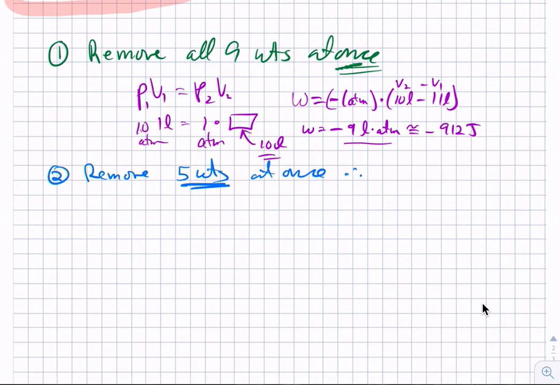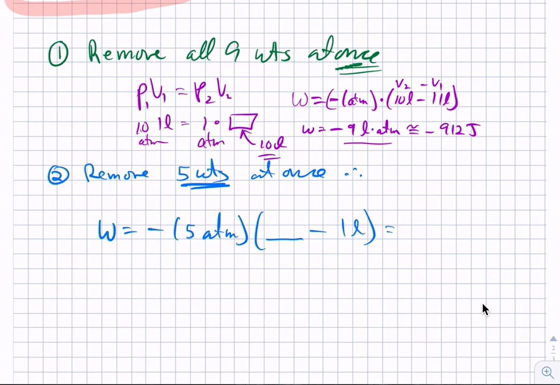So if we say work, it's going to equal minus 5 liter atmospheres times the final volume, which we don't know yet, minus the initial volume, which is 1 liter.